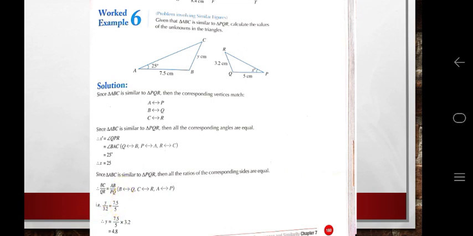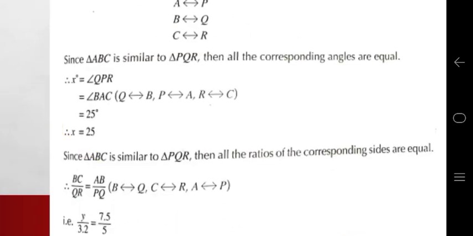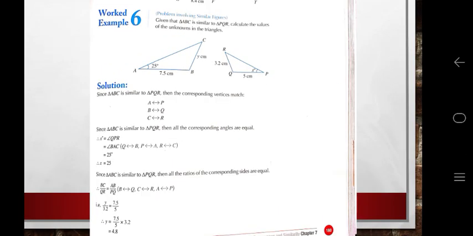Understand the concept? Because the ratios are the same, you can write an equal sign in between the ratios. But the easiest way to memorize this is to just compare the corresponding sides. So y over 3.2 equals the other corresponding sides 7.5 over 5.